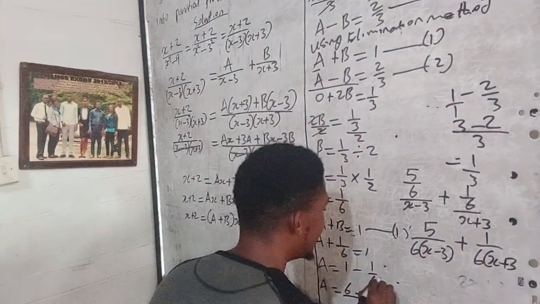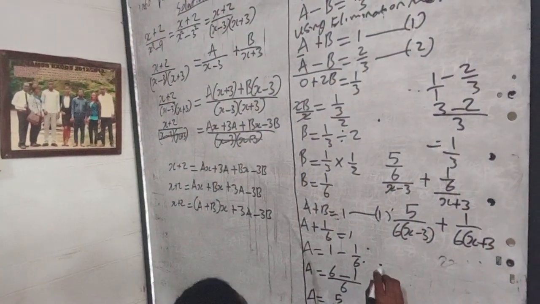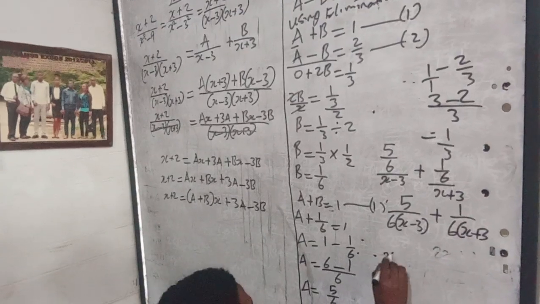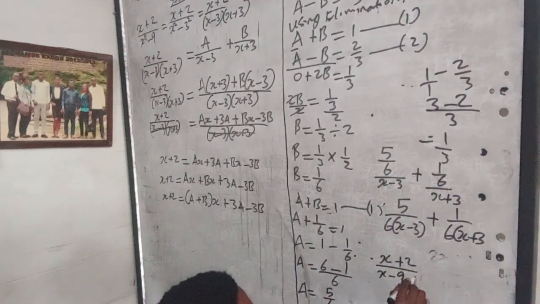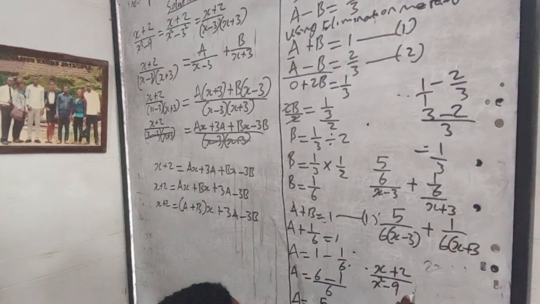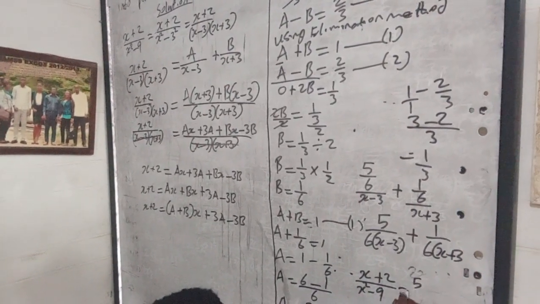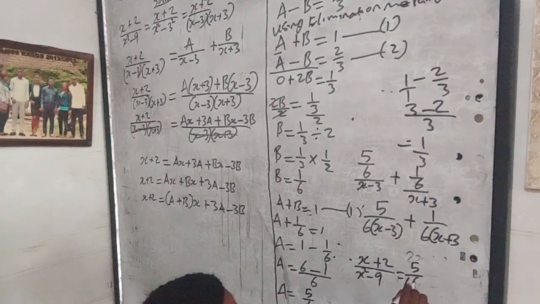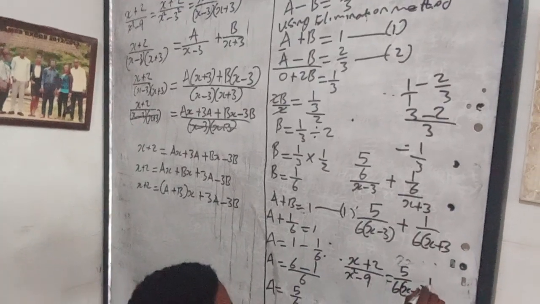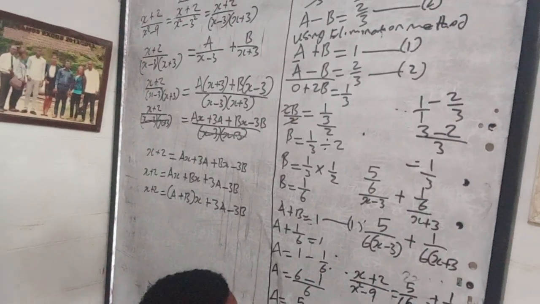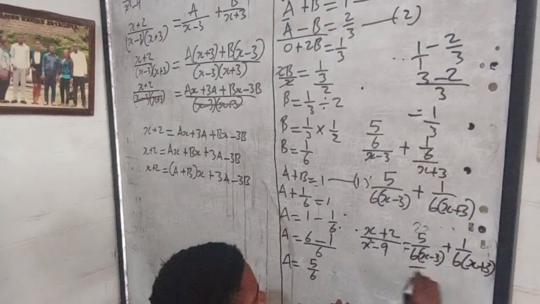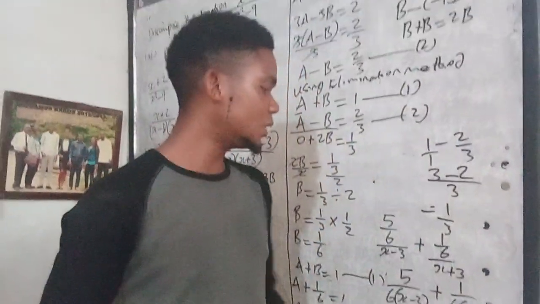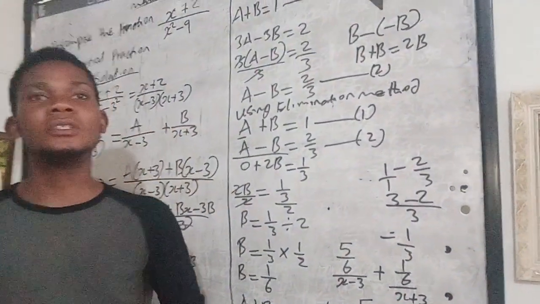Therefore, x plus 2 all over x squared minus 9 will give us 5 all over 6 over x minus 3 plus 1 all over 6 over x plus 3. So this is the solution to the problem.